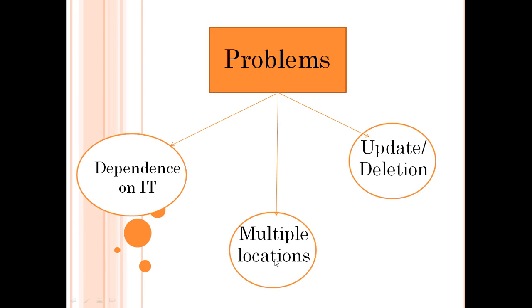The second problem is multiple locations. By this, we mean there are different pages on a website. That is what a website is called. Otherwise, we would have called it a web page. A website is a collection of web pages, it is basically more than one. So we need to publish tags into multiple pages and in different locations.